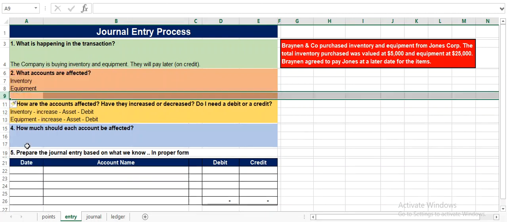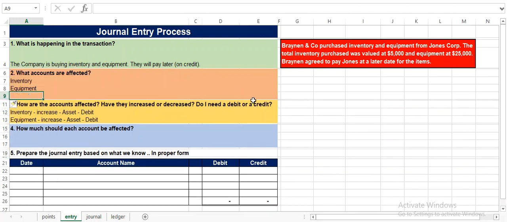So let's just insert this here. And if I just put a liability, no, I can't just put liability because that's a category. There's no account called liability. There are categories. There are accounts that fit in the category of liability, but no account that's called a liability. So we have to give this account a name.